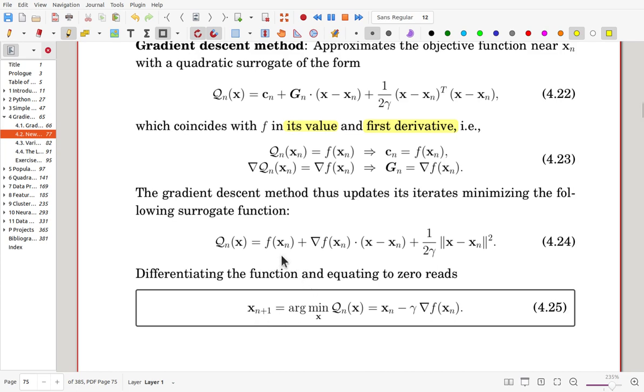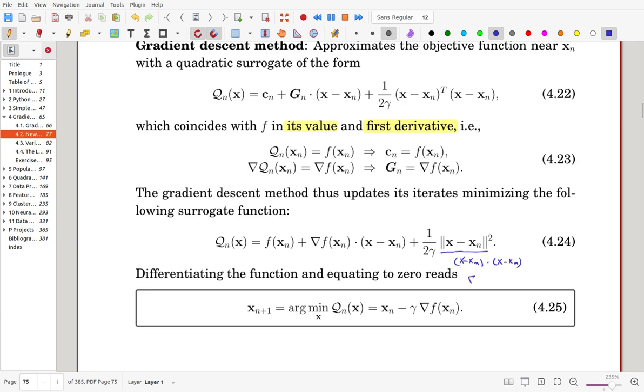If you take the gradient, this term will disappear, and then that one will be here. The norm squared is the same as x minus xn dot x minus xn. So if you take the derivative, the gradient is twice x minus xn.